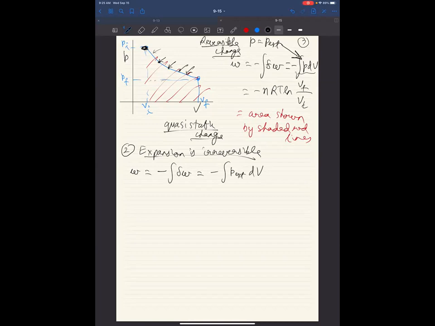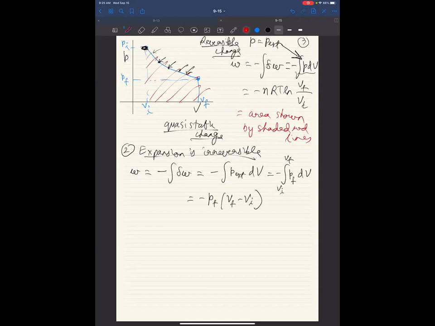The integral, however, is easy because in this case P external is simply PF. It is the final pressure of the gas. It is a constant. So the integral is even easier. You don't have to do anything. It's just a constant number as you go from VI to VF. So this becomes minus PF times (VF minus VI).